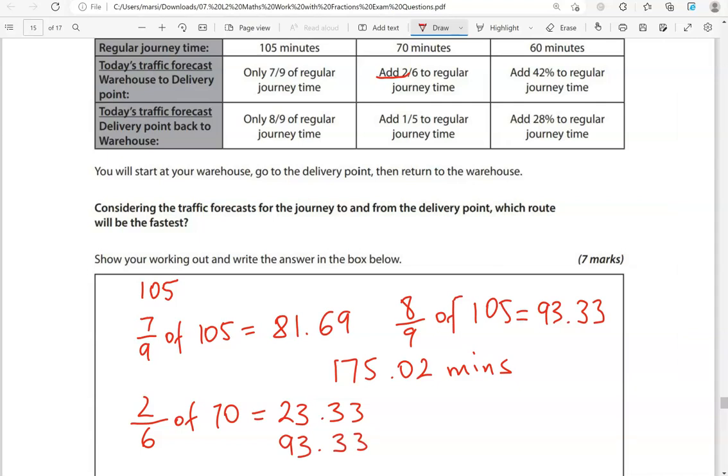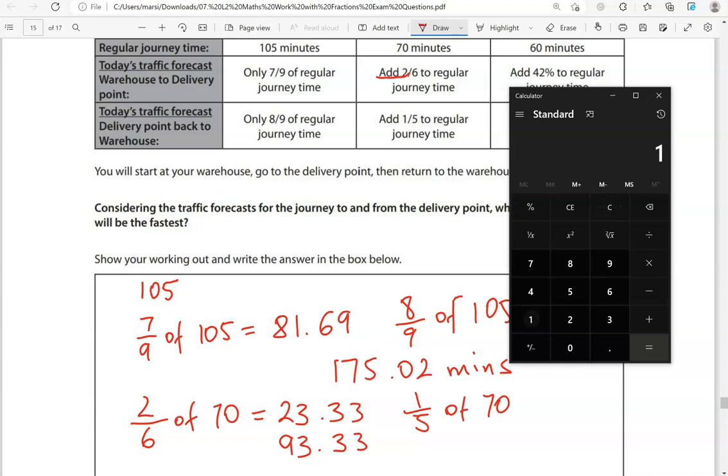And then we've got 1/5 of 70. So 1 divided by 5 times 70 gives us 14, which is added to the regular journey time, which is 70.